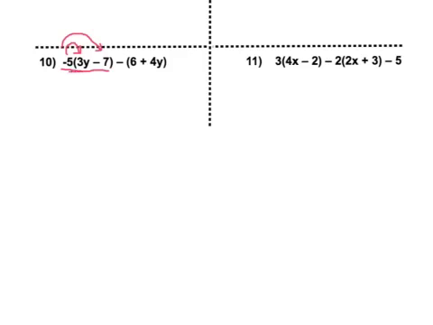So the first is negative 5 times 3y. So negative 5 times 3y is negative 15y. Then the second one is kind of interesting because you have a minus sign in front of that 7. So that means you have a negative 5 times a negative 7. A negative 5 times a negative 7 makes a positive 35.